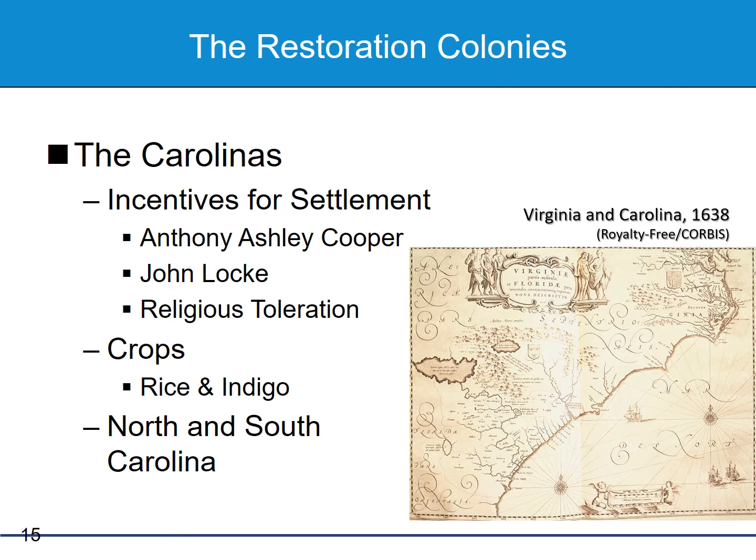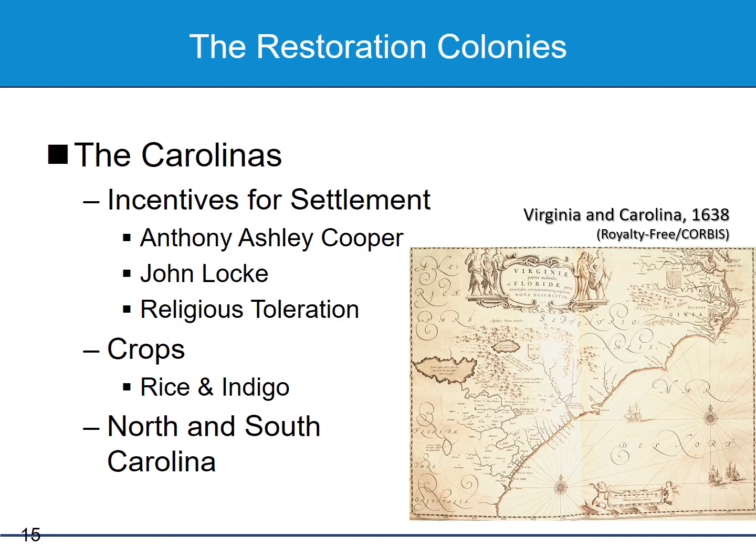And so in 1660, the monarchy was restored to Great Britain, and so we have then what we call the Restoration Colonies. Charles II, who was Charles I's son, who had been living in France during that time, will now come to the throne, and it is under Charles II that we will have the creation of the Carolinas.